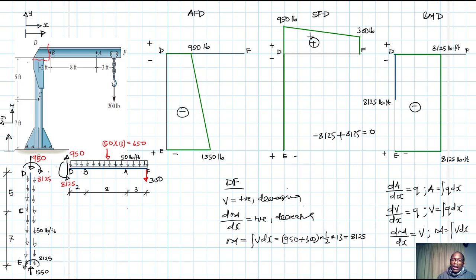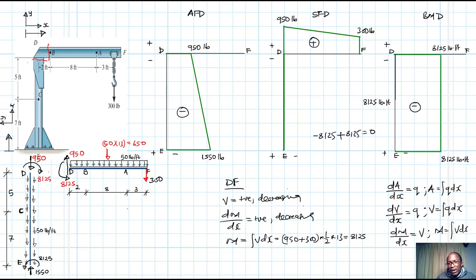So we need to look at the function that governs our shear. The function that governs our shear is a polynomial of degree 1. Therefore, you expect the function that will govern the moment from D to F to be a polynomial of degree 2, or a quadratic, right? And when we look at it, the slope is positive and it is decreasing, right? So you know how the slope is going to be positive, but what?